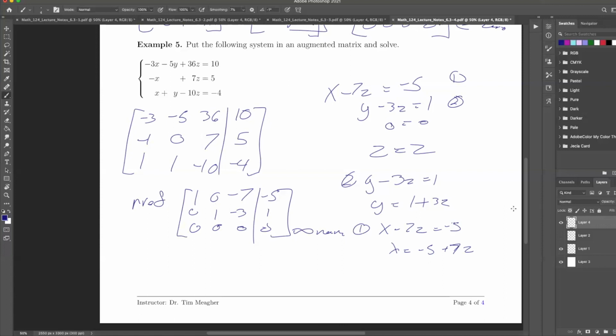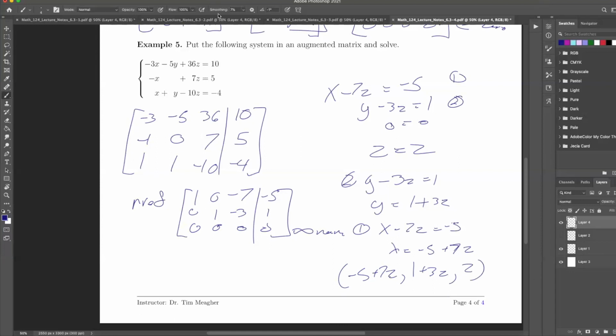I'll show you from my old notes when we did it by hand real quick when we end this. So let me write down the answer: x is minus 5 plus 7z, y is 1 plus 3z, and z is free. So this is our answer.